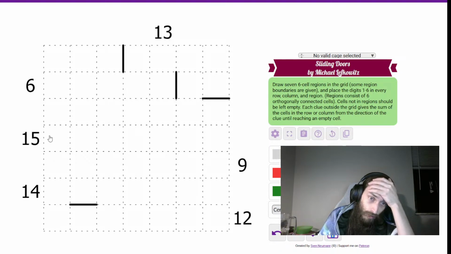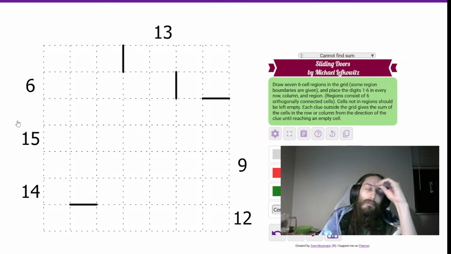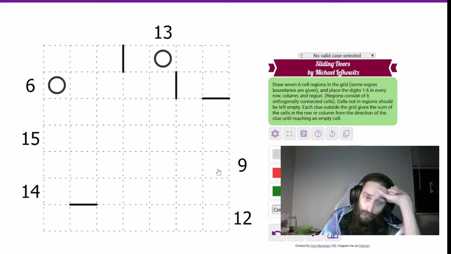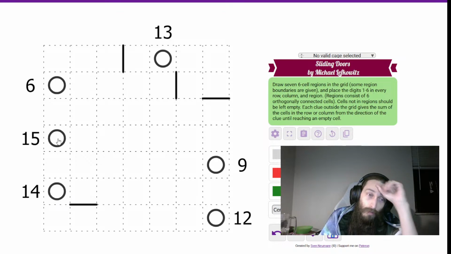Well, 15's maximum 5. And the digits 1 through 6. Yeah. Now, 6 and 5 is 11.